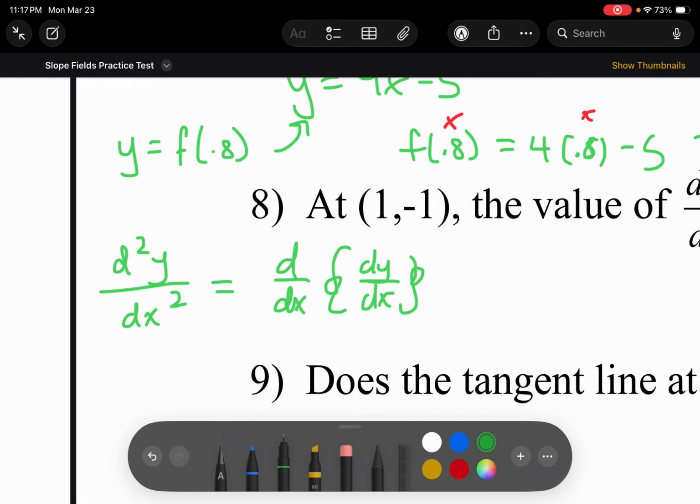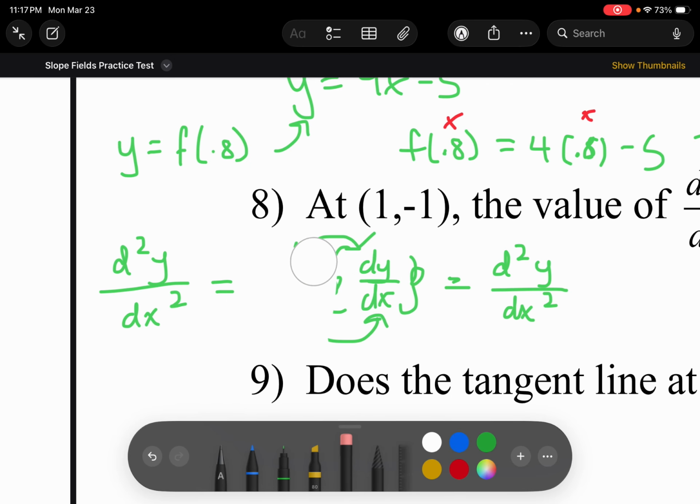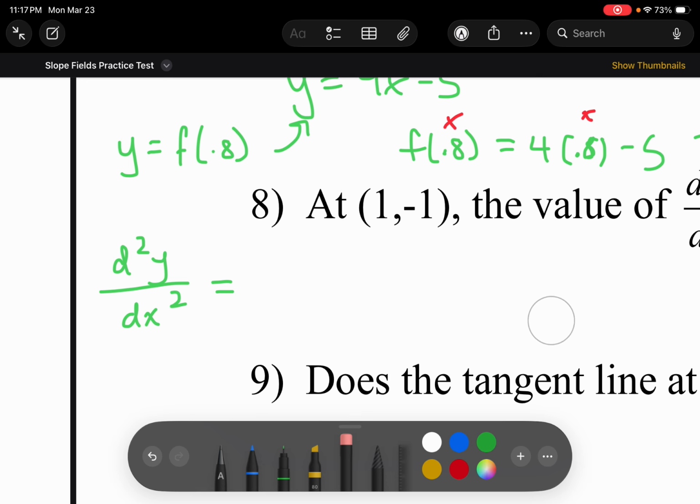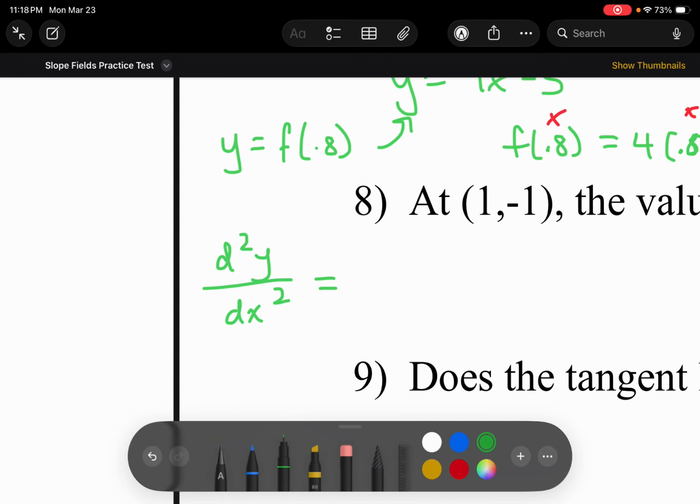So it's d squared y over dx squared. Just wanted to show you guys what that meant, in case some of you were confused. I found that really helpful last year. Okay, alright, back to solving this.